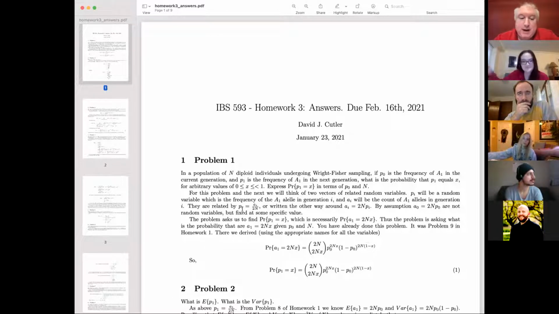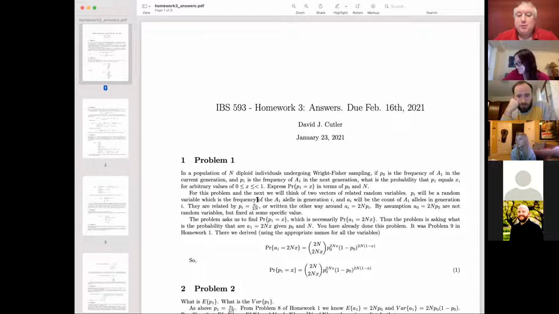So we have this random variable a, little a, that is binomially distributed with p0 and 2n draws. And then we create this new random variable, we'll call it pi, that is nothing more than ai divided by 2n.